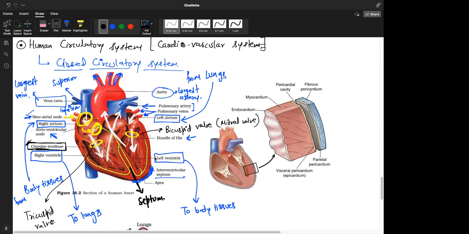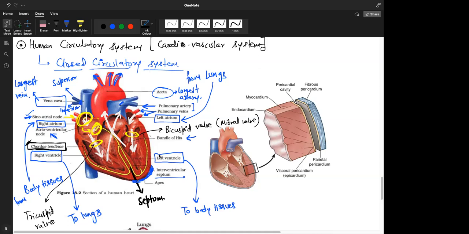Now these valves are very important, just like valves are important anywhere, to prevent backflow. So when the blood comes from the atrium to the ventricles, these valves open and the blood comes down. But when the ventricles contract, these shut.